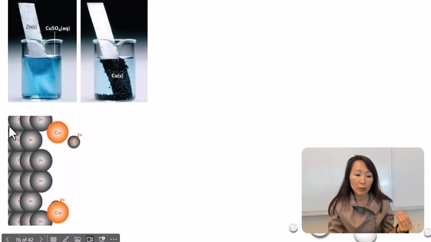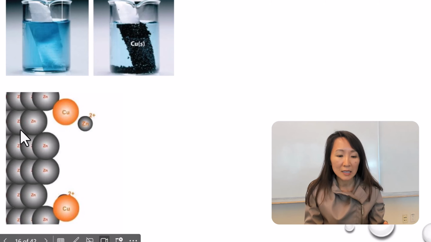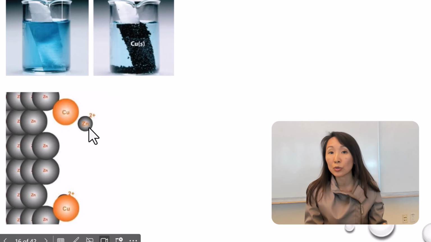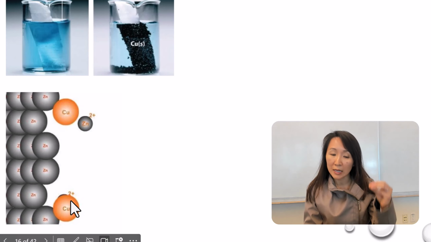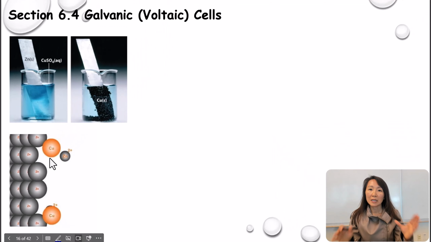In other words, if I were to zoom in and magnify this considerably, then we can see this zinc forming into a zinc solution, meaning it's coming out from the solid state to the aqueous state, whereas copper 2+, which was in the aqueous state, now forms into copper solid. I can put this in a process in which we have the left and right side of the equation.